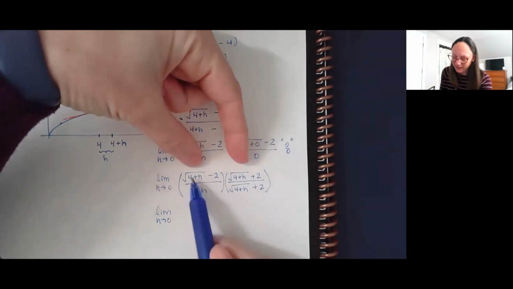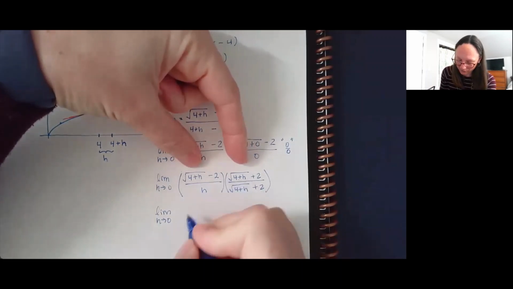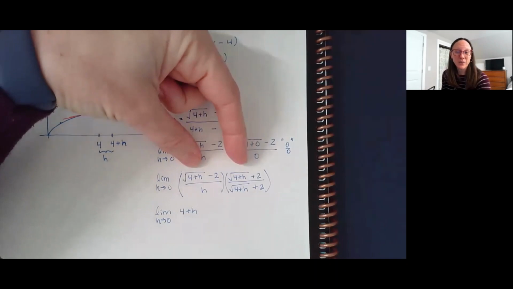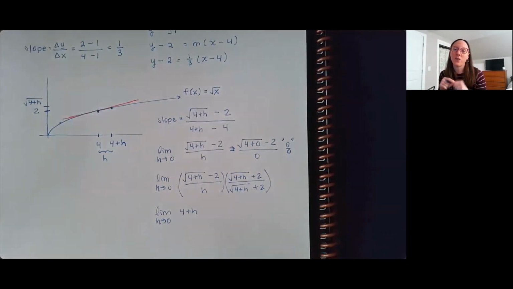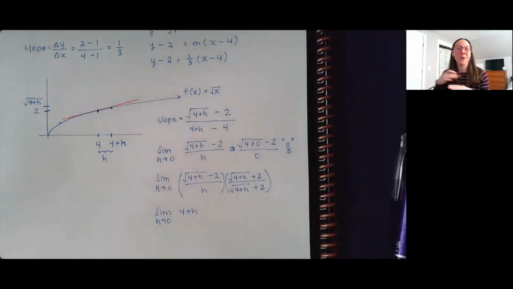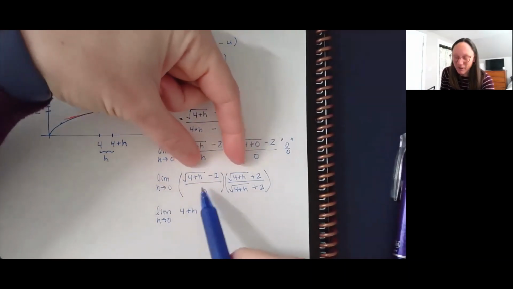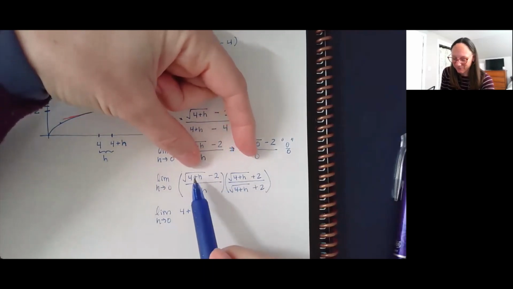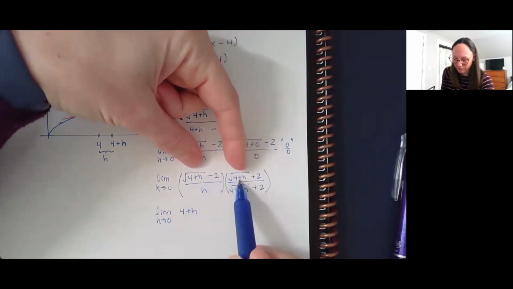Well, on the top, the square root of 4 plus h times the square root of 4 plus h gives me a 4 plus h. The whole reason that we've multiplied by the conjugate is so that those middle terms will cancel out. I'm going to write it out once, but moving forward, we just want to remember this happens every time we multiply by the conjugate, which is the whole point of doing it. If I'm kind of foiling this out, so I've got square root of 4 plus h times square root of 4 plus h.